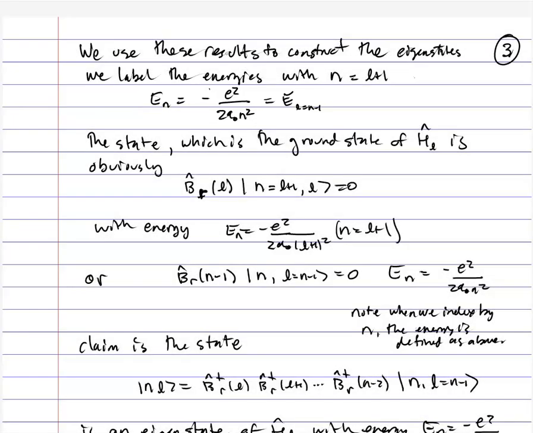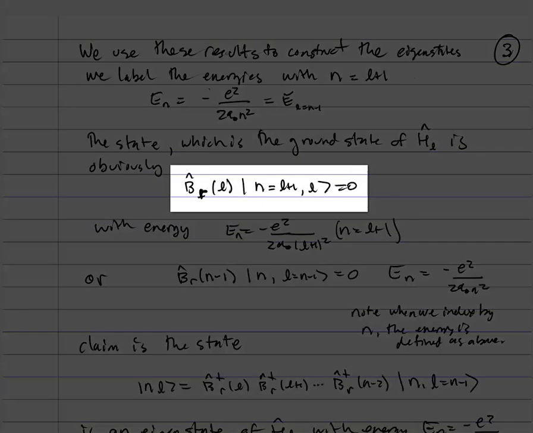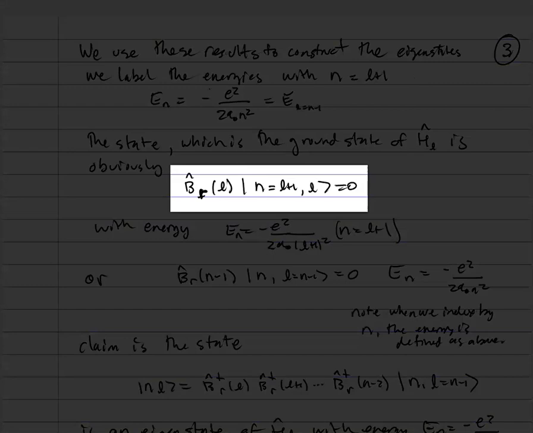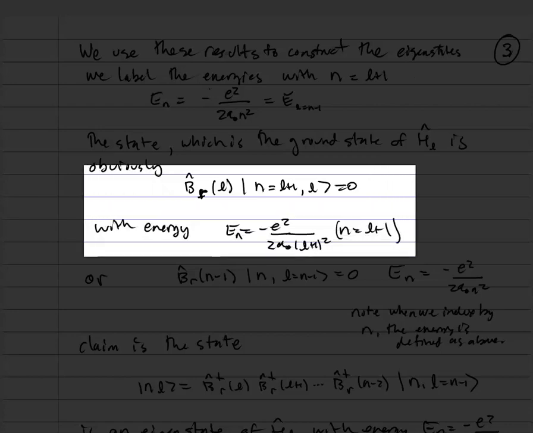So the state, which is the ground state of H_L, satisfies B_R of L times that state is equal to 0. It's an eigenstate of H_L, so the angular momentum is L, and we just said n is equal to L plus 1, so that state is n equals L plus 1 comma L, and the energy is E_n equals minus e squared over 2a0 (L plus 1) squared, or you could write it as minus e squared over 2a0 n squared.